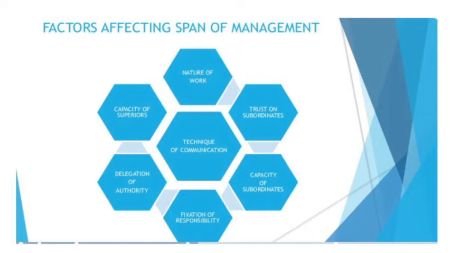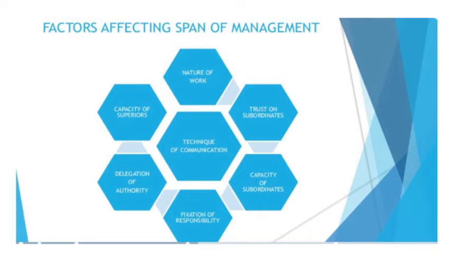According to their inherent management qualities, some people can handle more people, some people cannot. So that is their capacity. Whenever we are fixing the number of subordinates under a supervisor, the important factor is the capacity of supervisors.